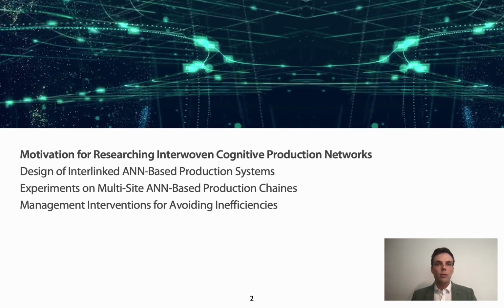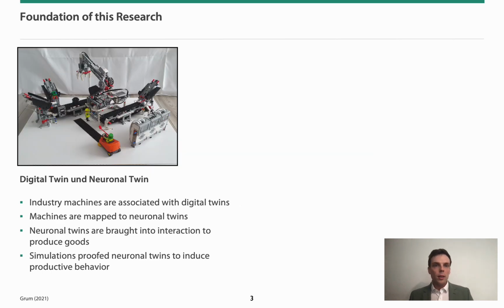Let's find the motivation for researching interwoven cognitive production networks. Typically, in a first step, Industry 4.0 machines are associated with digital twins. Using the concept of neural modeling, CONM, machines are mapped to neuronal twins. So far, these neuronal twins already have been brought into interaction to produce goods.